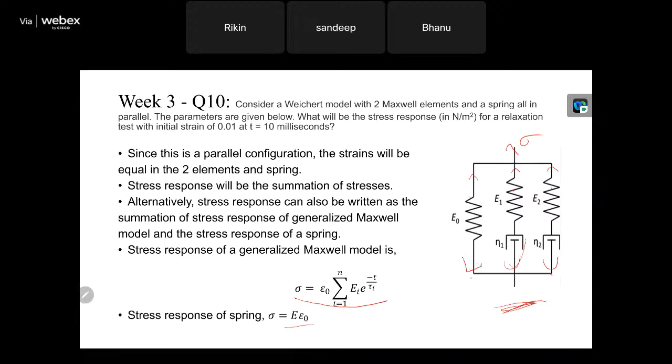I think you're talking about question number 10. I would like you to recheck your calculations, because the range is quite big. I'm pretty sure you'll get the stress response. Make sure the time you've converted is in seconds.